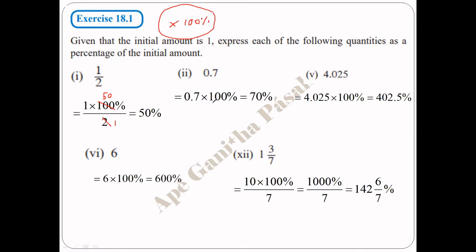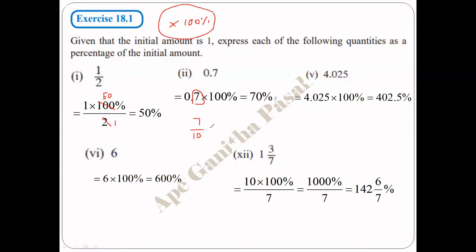So 0.7 multiplied by 100%. How to multiply this? 0.7 can be written as 7 over 10. Here there's only one decimal place, then the denominator has 1 zero.